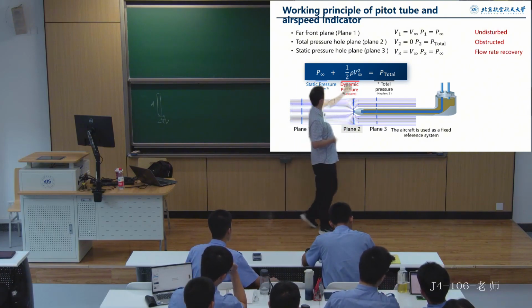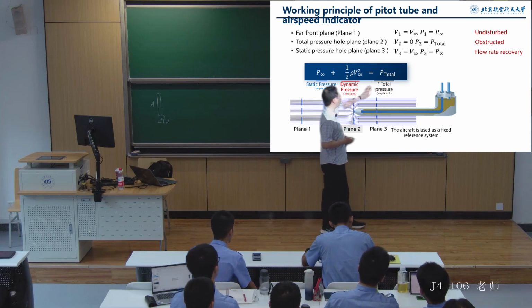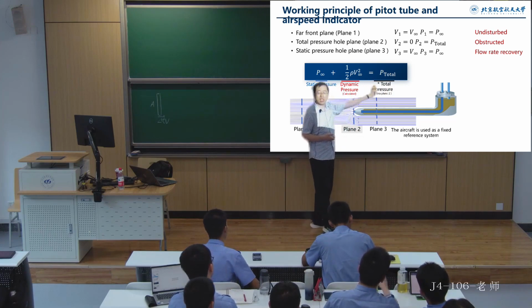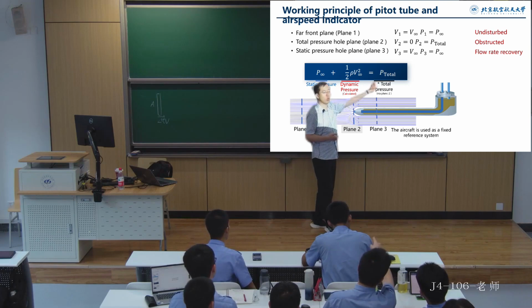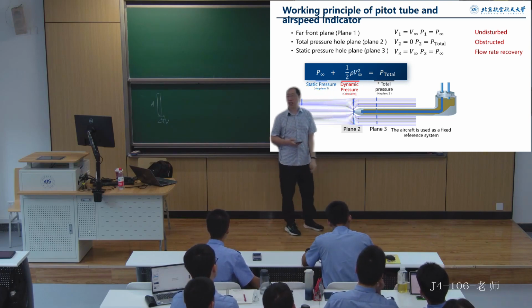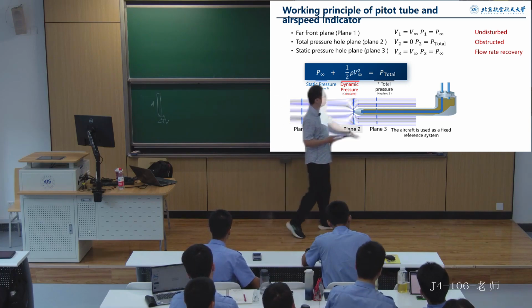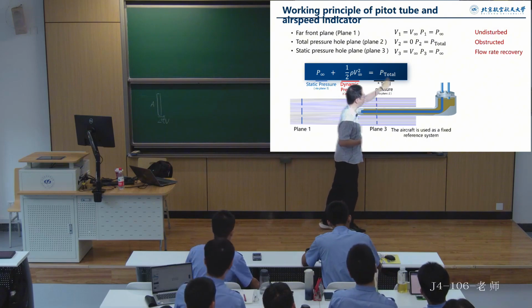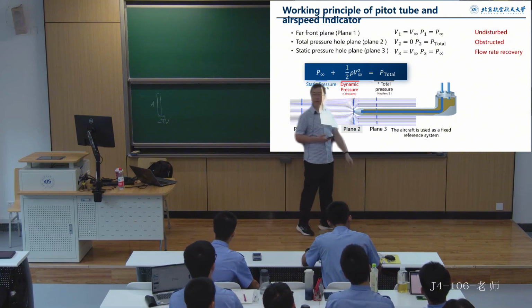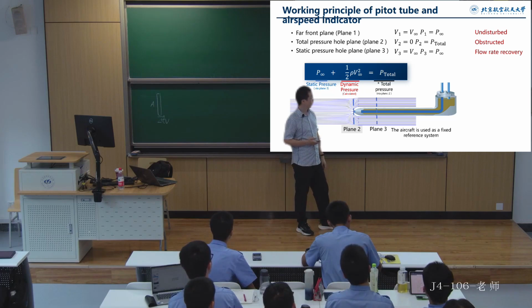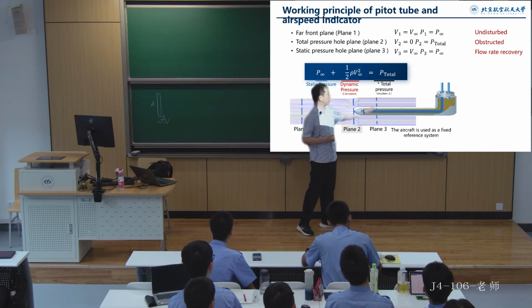So if we subtract the two pressures, we can obtain the dynamic pressure. We process this dynamic pressure because it contains the attack speed term. Therefore, we can determine our attack speed here. Pay attention to a term where we say this dynamic pressure and total pressure are obtained. Right. Obtained on plane 2, right?